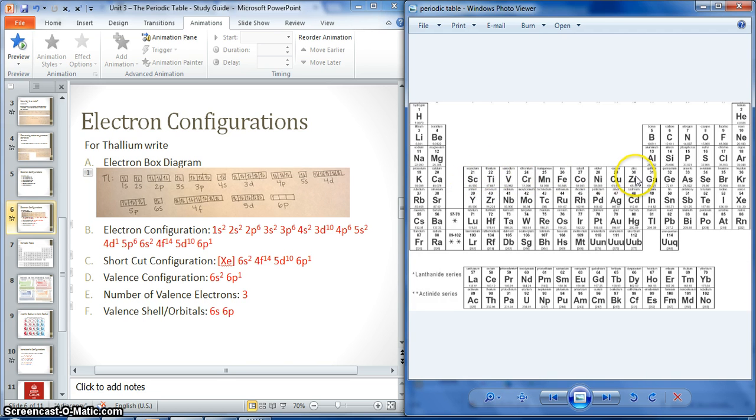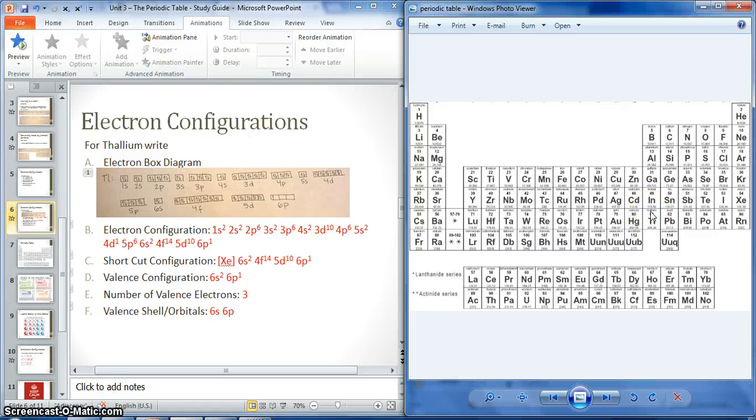So 3d10, and then 4p6, 5s2, and then 4d10, 5p6, and then 6s2, and then I have to go down to the rare earth metals. So this begins with 4f14, and then I go back here with 5d10, and then 6p1. So here I already got to the point where I wanted to get.